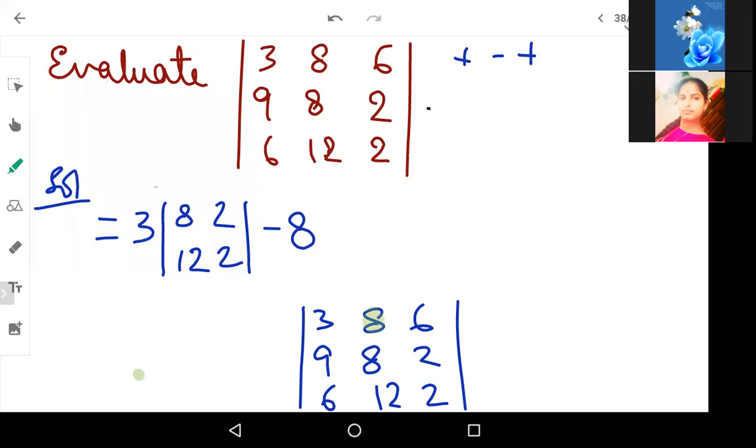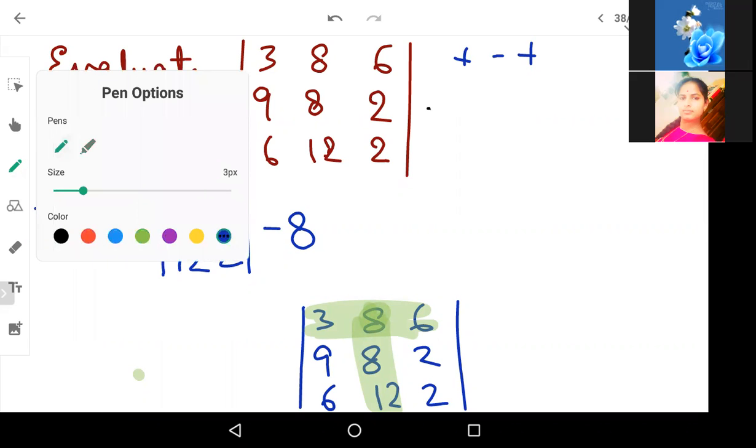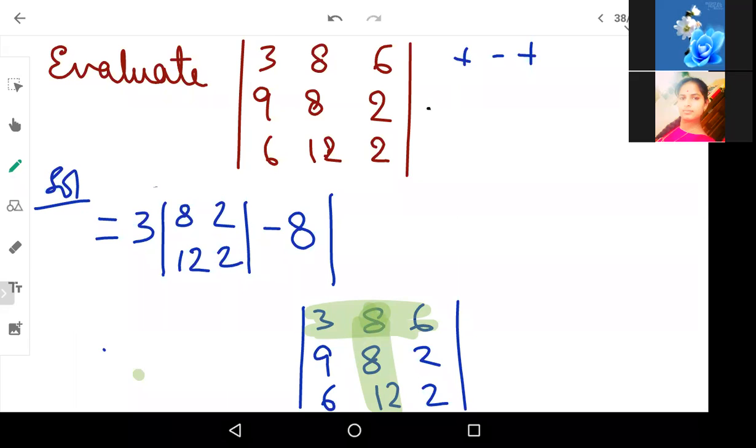Now, for the second one, I have considered 8. So, which means, very good, Rajeshwari, first row and second column we will be deleting. Now, once we delete first row and second column, what are the numbers remaining? That will be the minor. So, for 8, what is the minor? 9, 2, 6, 2. Good, Anusha. So, 9, 2, 6, 2 is the minor that we are having.